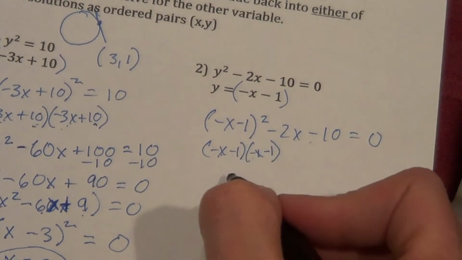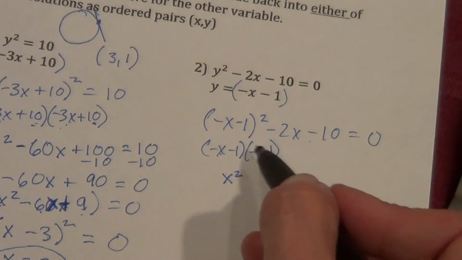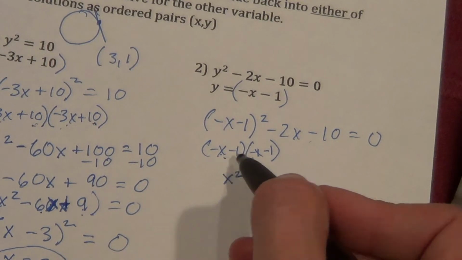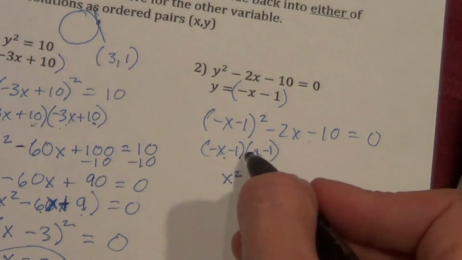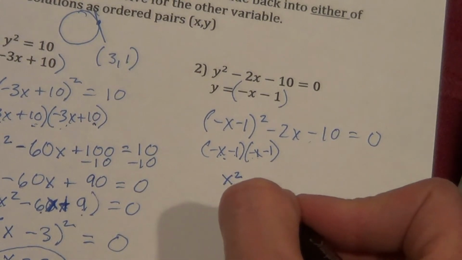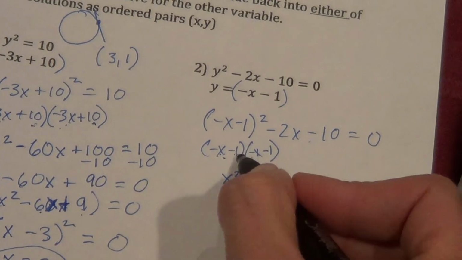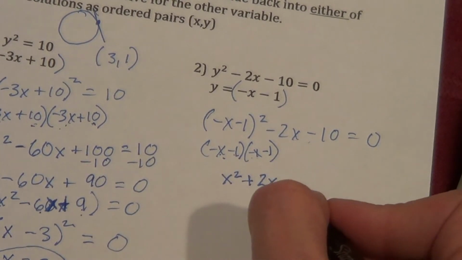Negative x times a negative x is a positive x squared. Negative 1 times negative x is positive 1x. Negative 1 times negative x is positive 1x. So positive 1x and positive 1x is positive 2x. Negative 1 times negative 1 is a positive 1.